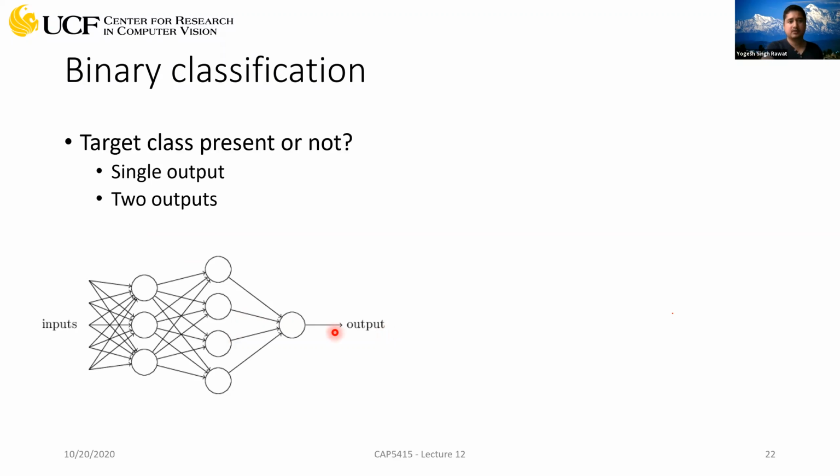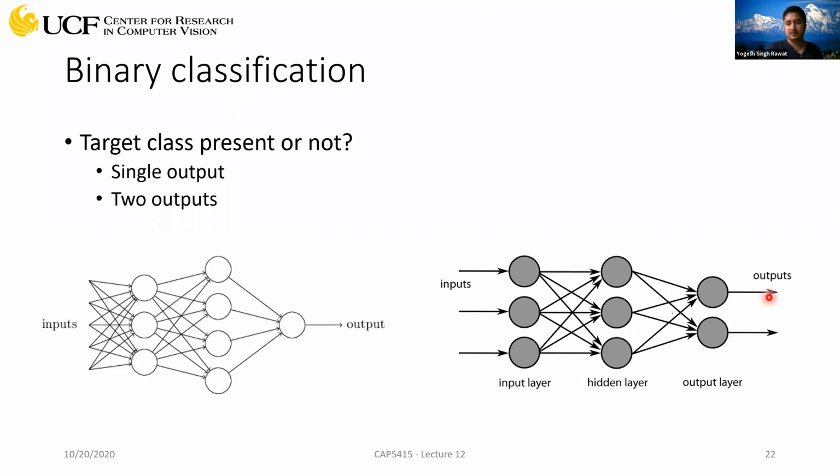The other variation is you can use two different outputs. Okay, so in this case, one of the outputs will try to predict whether that object is present or not. If we're talking about the person category, then this will say person is present, and the second output will say person is not present. So you share the prediction from just one neuron to two different neurons.